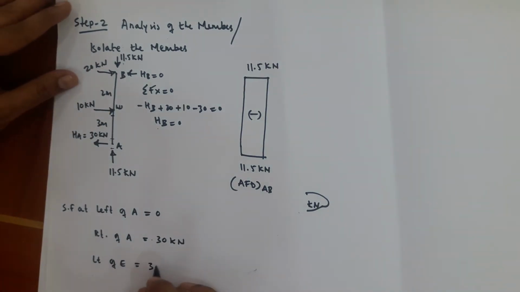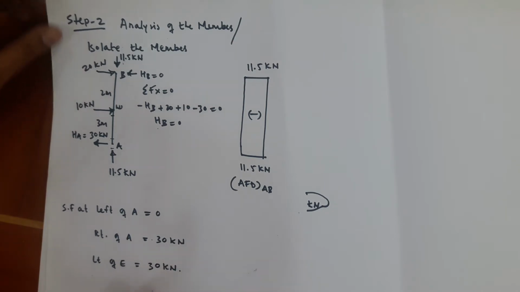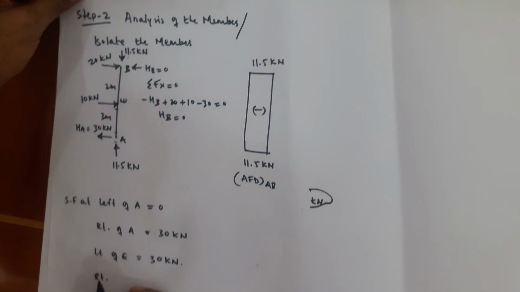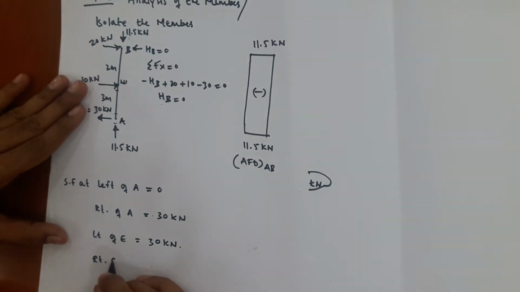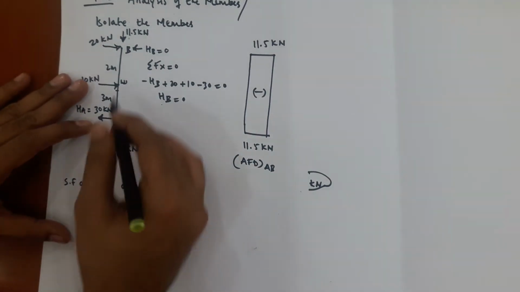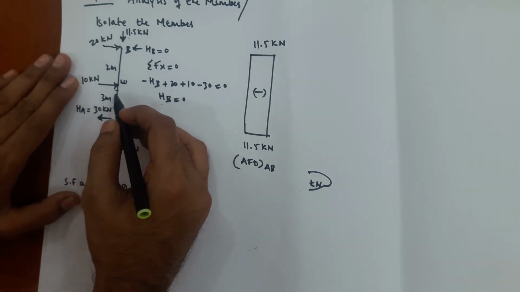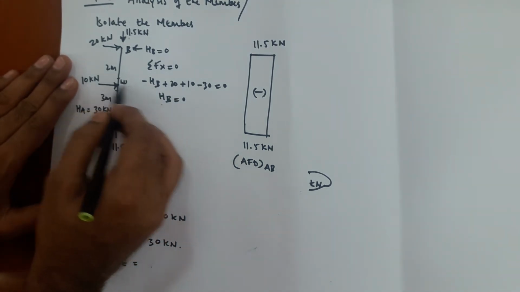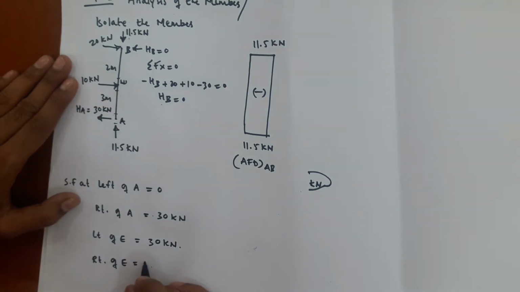You have to take same shear force. Okay, now right of E, from left of E to right of E, one force is going downward, so plus 30 minus 10 equal to 20 kilonewton.